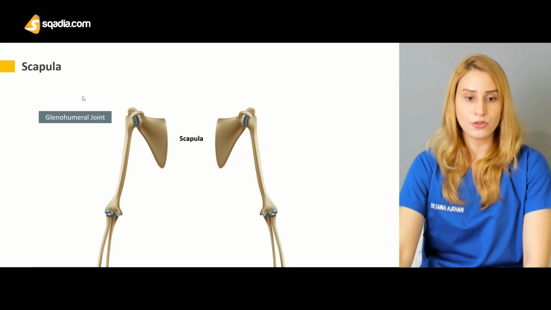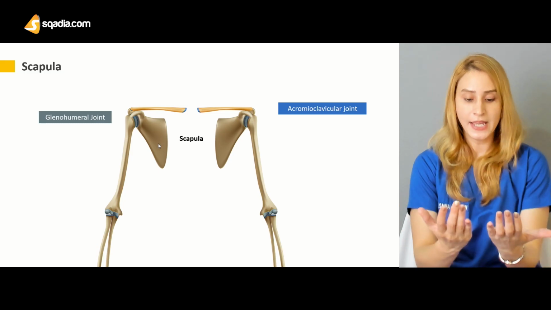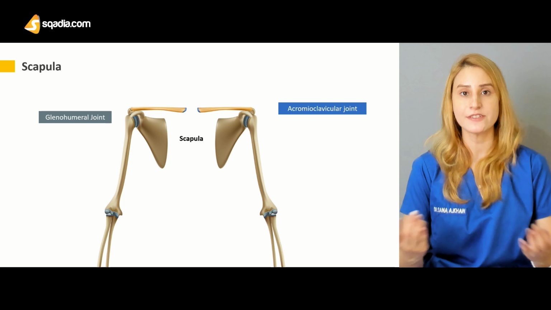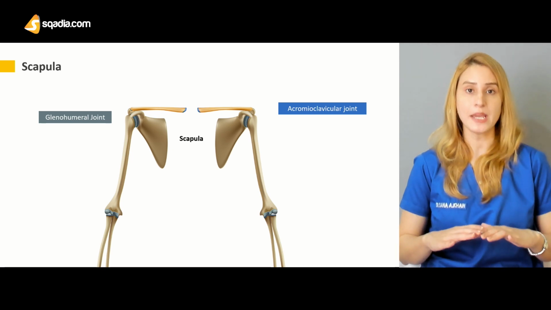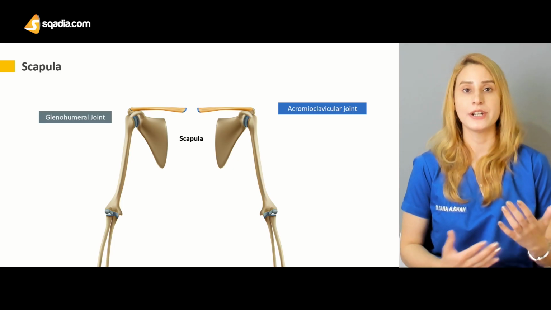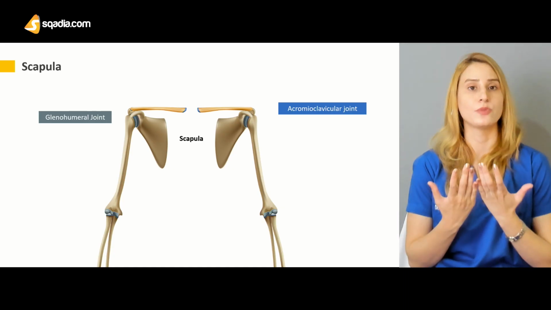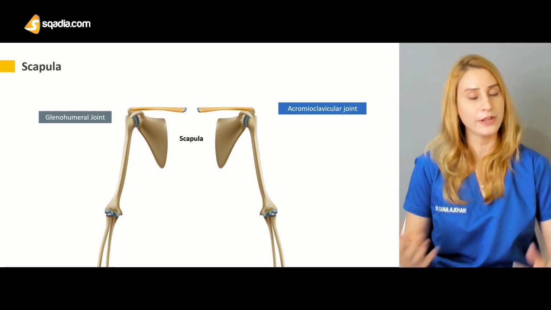If you look at your screen, this is the scapula in anterior view. You can see the anterior surface, also called the ventral surface. The posterior surface of the scapula, which is towards the vertebral column, is called the dorsal surface or the posterior surface.